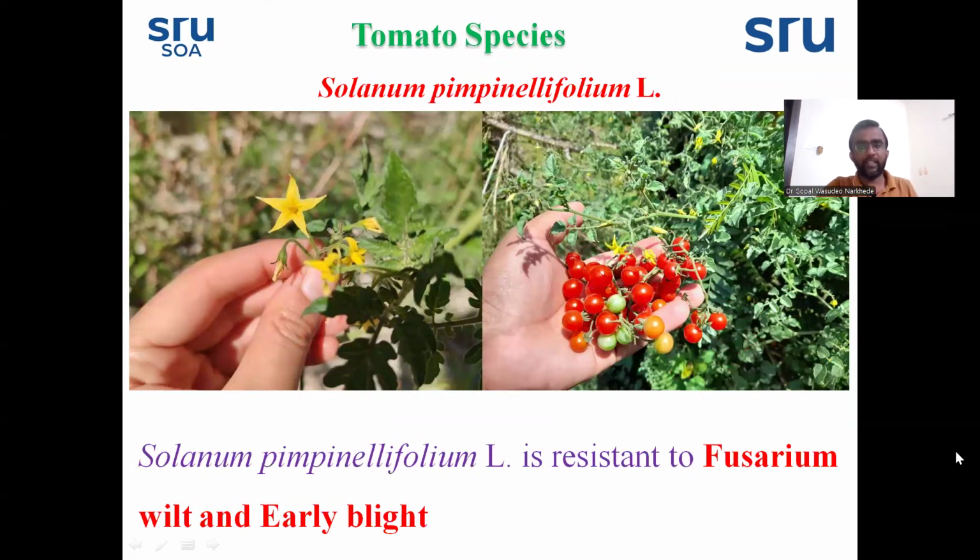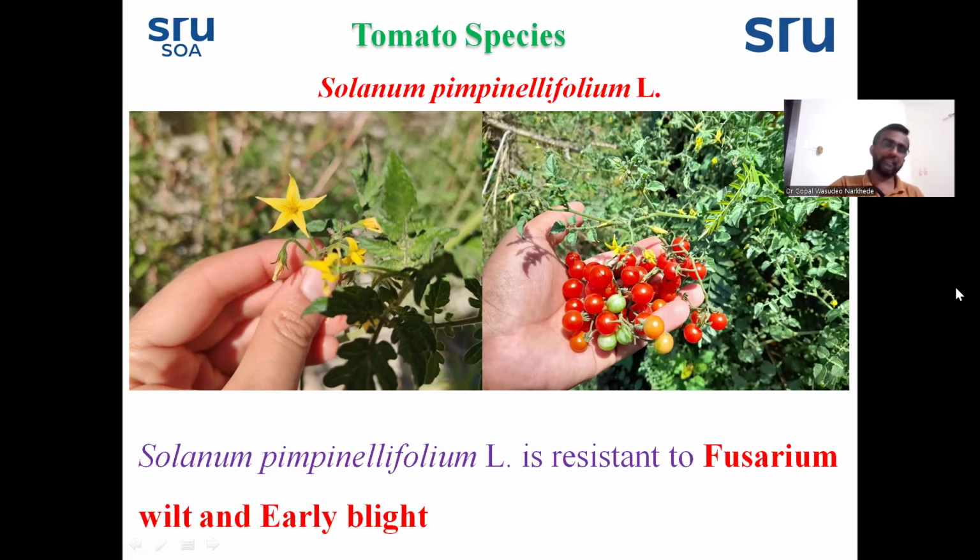Then we will see some related species. First is Solanum pimpinellifolium. Here you can see the picture of flower and fruit. Solanum pimpinellifolium is a source of resistance for fusarium wilt and early blight.